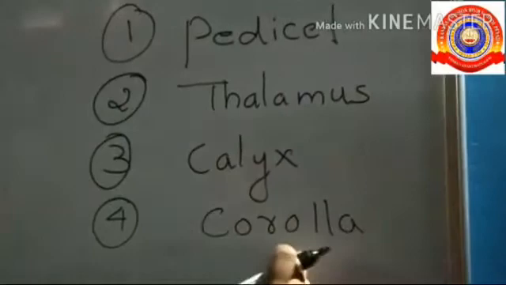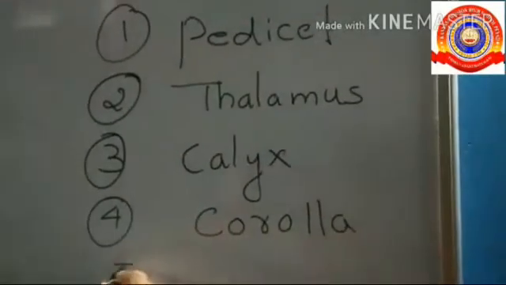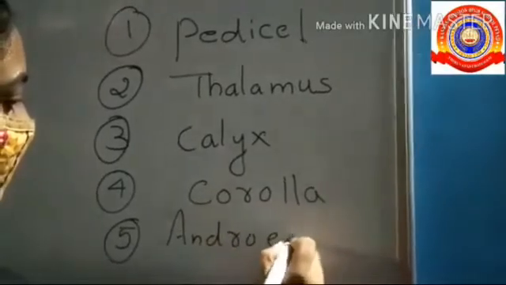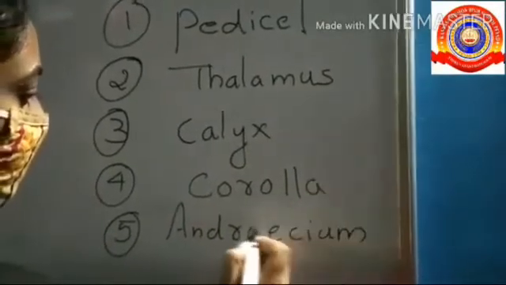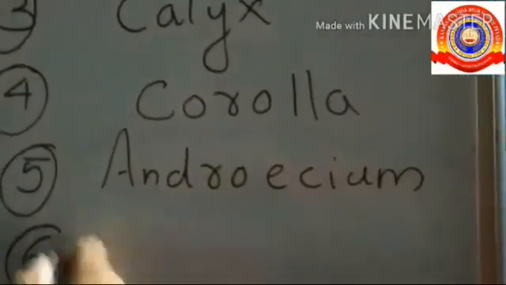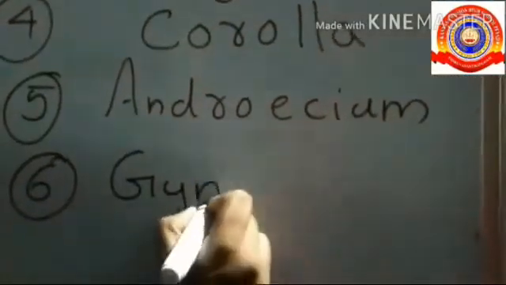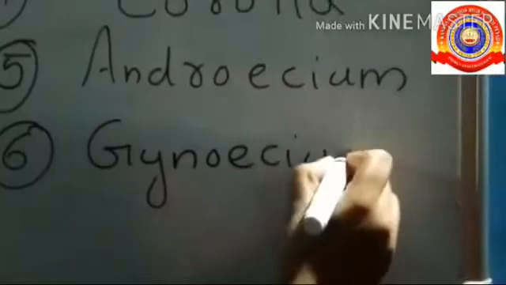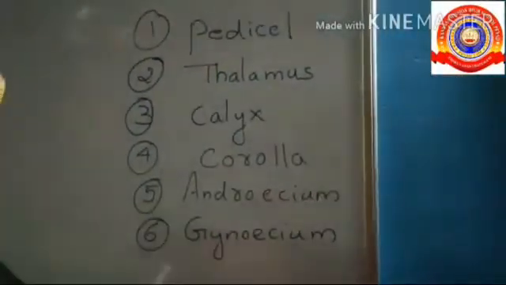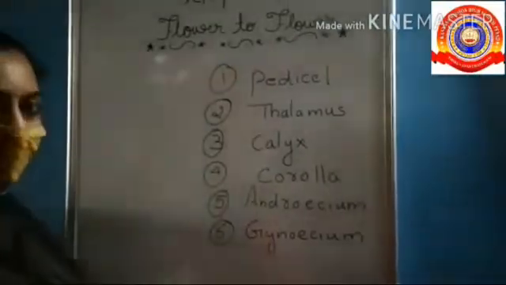The fourth one is corolla. The fifth one is androecium. And the sixth one is gynoecium. So these are the 6 parts of a flower.